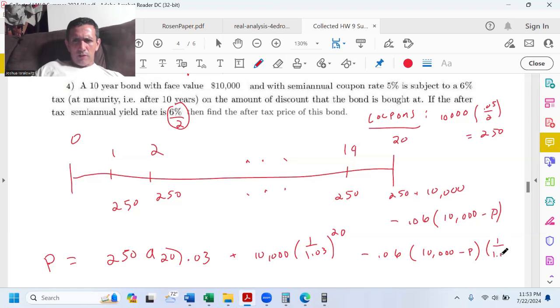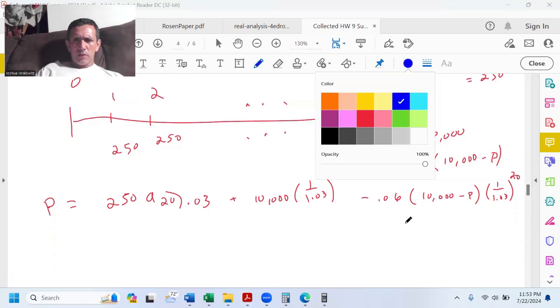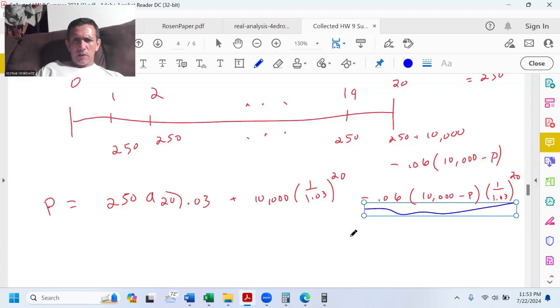The point is you just solve for P. Just get everything involving P on one side and everything not involving P on the other side. It would be a little tricky to do all of this in your head, so I would write a little bit down.